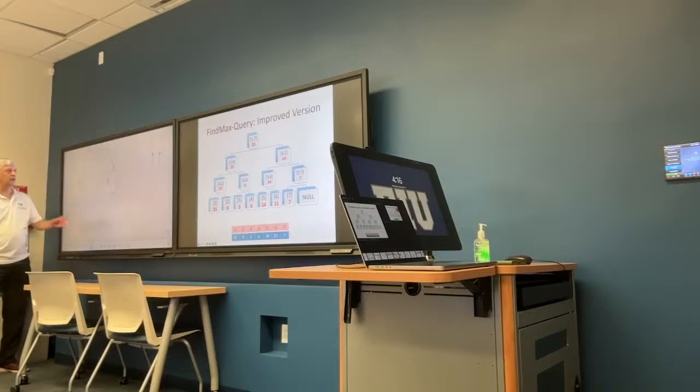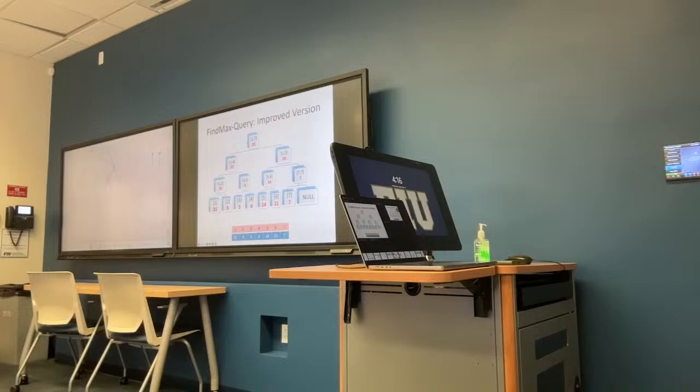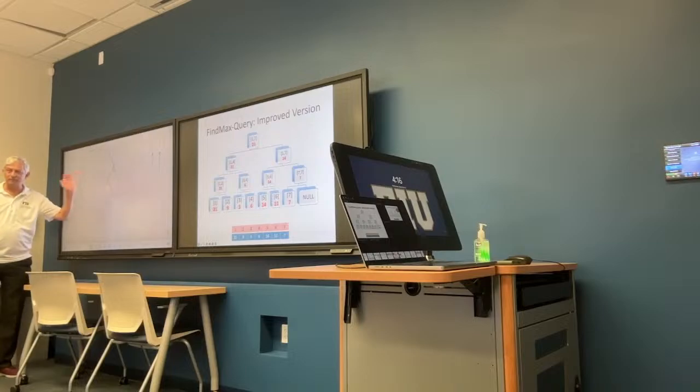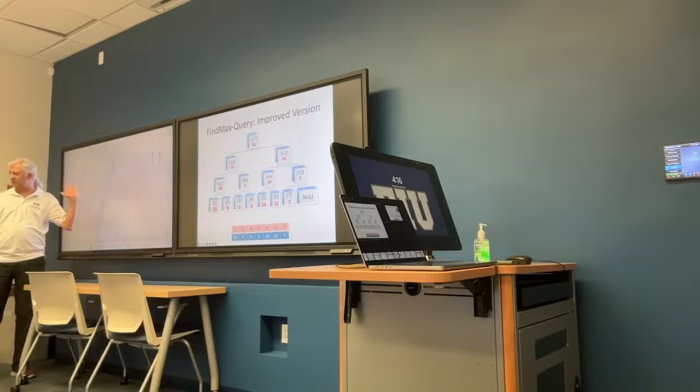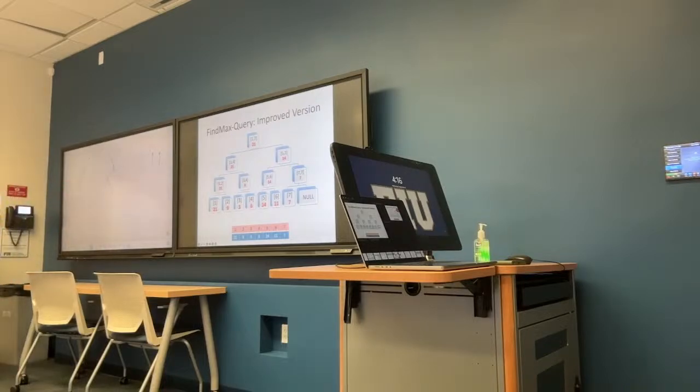Now, in order to figure out the largest in 2 to 6, here's what I have to do. I have to find the green subtrees here and the red subtrees here. Remember, the green subtrees are larger than 2. The red subtrees here are less than 6. I want to take all those subtrees between 2 and 6, find the largest and report it.